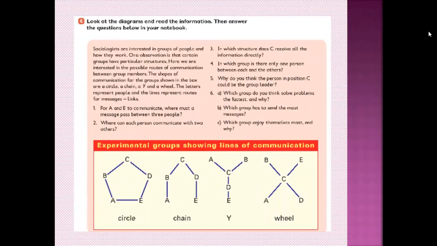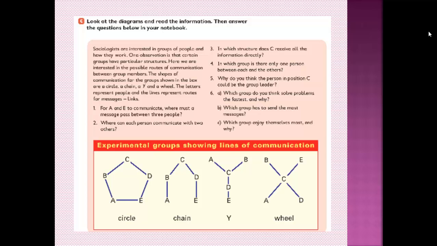What about exercise number C? It says, look at the diagrams and read the information. Then answer the questions below in your notebook. I will read this text. Sociologists are interested in groups of people and how they work. One observation is that certain groups have particular structures.